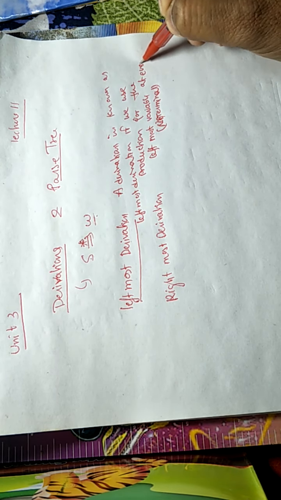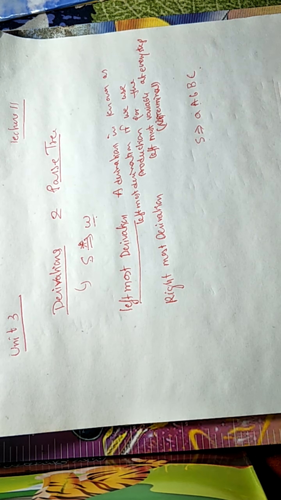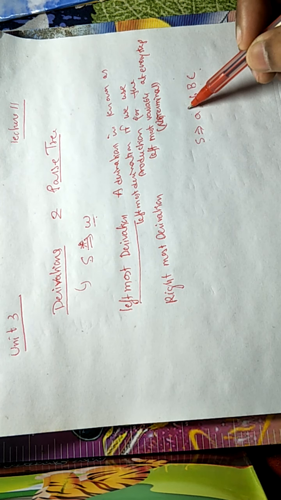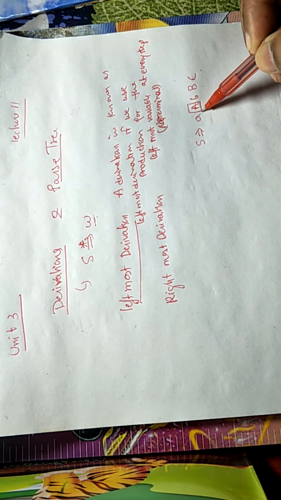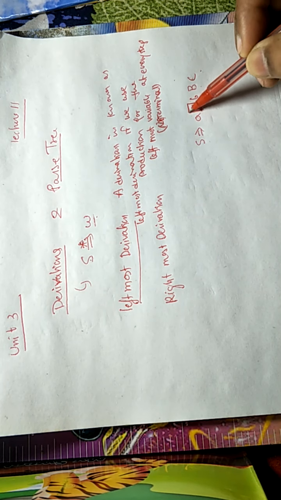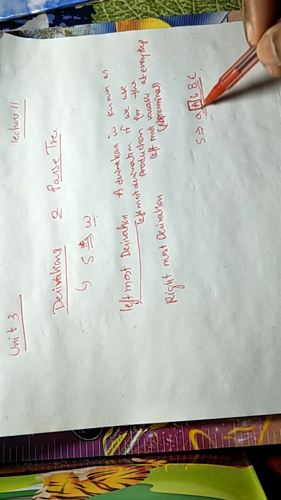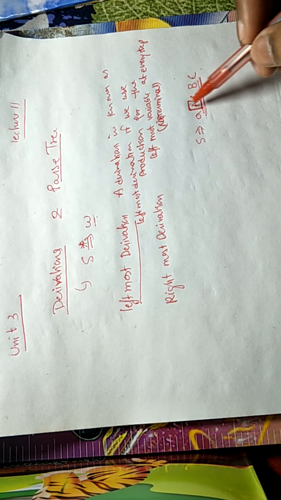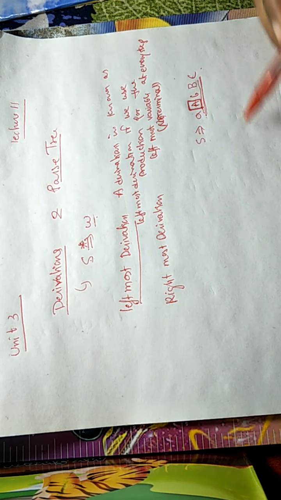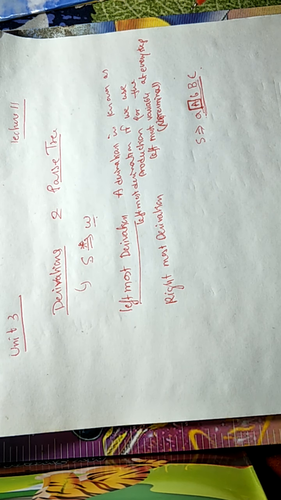Suppose I am deriving a string and I am in the condition that I have to replace this A, this B or this C in this step, and I will always choose the one that comes at the leftmost. While deriving a string, A is on the left, so we will replace it first, then we will replace another one.